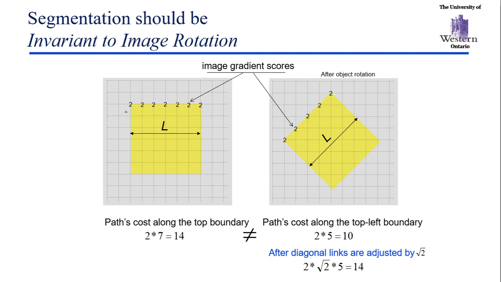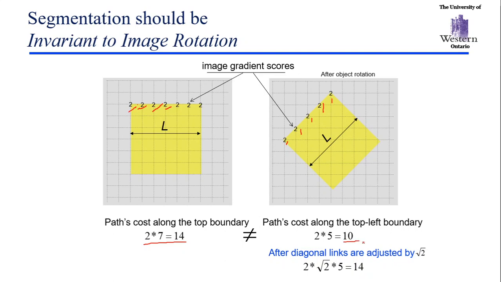Now assume that along this line the cost is 2 per unit. 2, 2, 2, 2 and so on, and therefore 2 times 7 you have 14 as a cost. But if you rotate the image, now you would not have 7 2's. Now you have 1, 2, 3, 4, 5 2's. That means the cost is only 10.